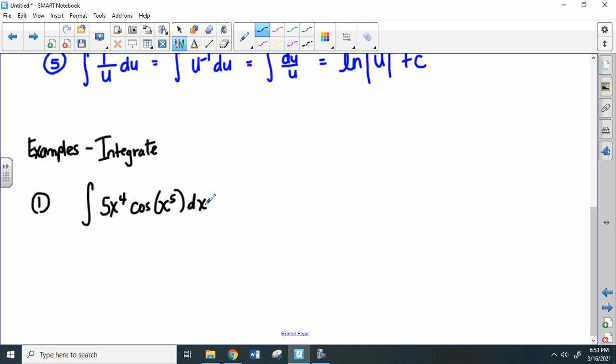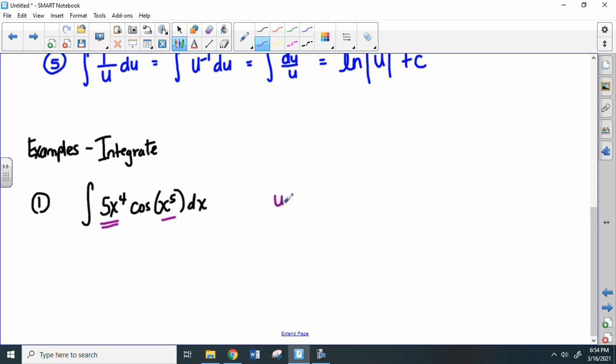So when you first start looking at these problems, you kind of need to ask yourself, does anything in the problem look like it could be the derivative of something else in the problem? Okay, so what I'm talking about here is the 5x to the 4th actually looks like the derivative of x to the 5th. So you need to get into a good habit of this.